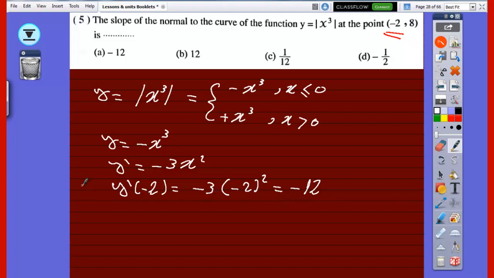It is the slope of the tangent. Okay, what is the slope of the normal? The slope of the normal mn equals positive 1 over 12. Of course, there is a relation between the two slopes, the slope of the tangent and the slope of the normal. This relation is that m tangent multiplied by the slope of the normal always equals negative 1.